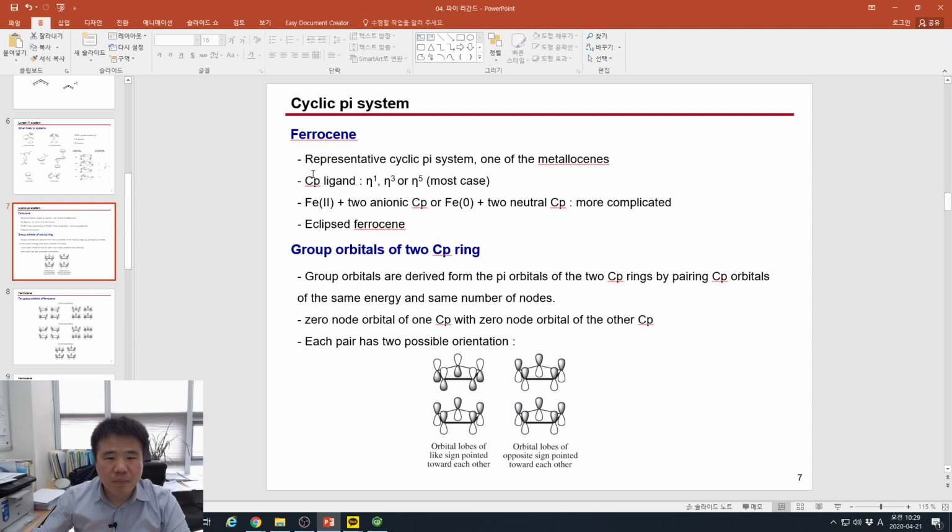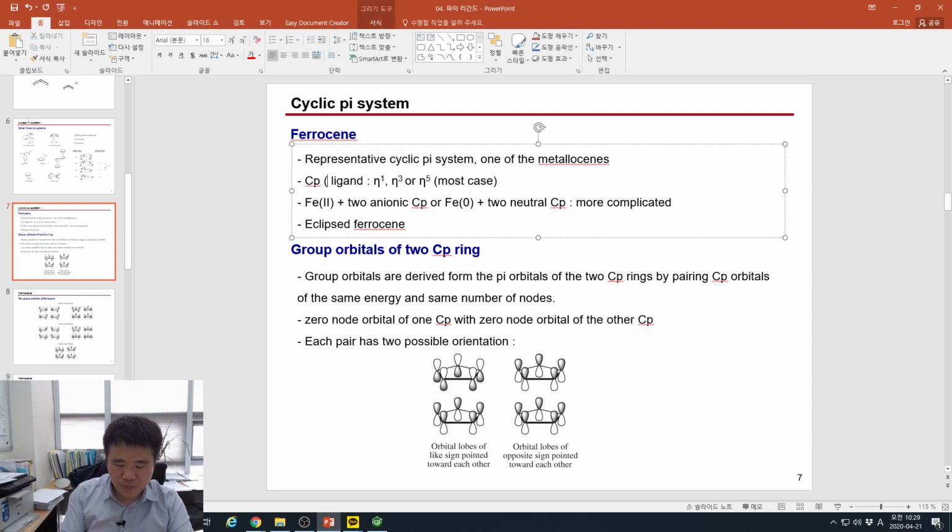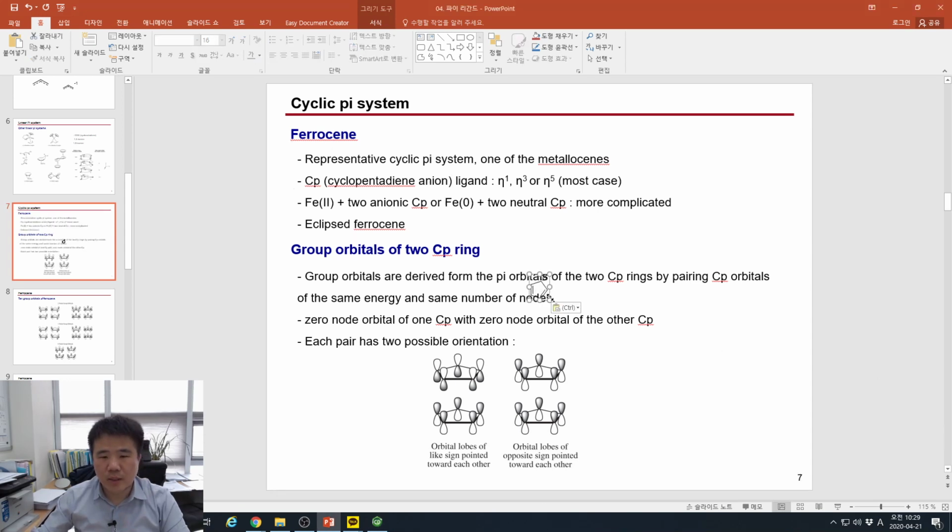Cp means cyclopentadienyl anion. So we usually draw it like this.